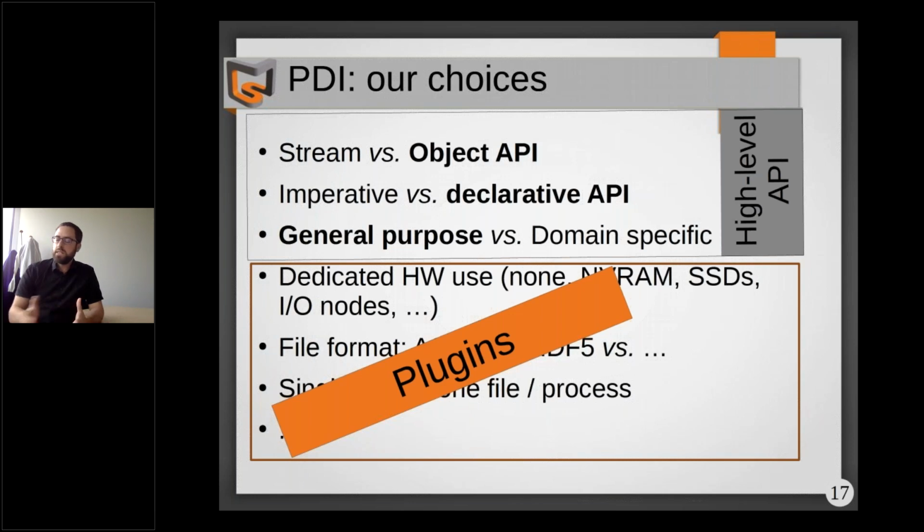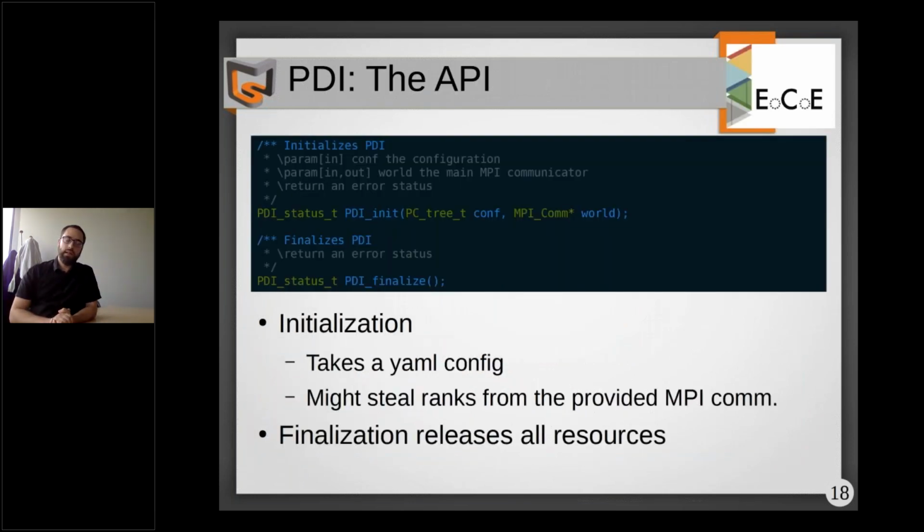So this is what has guided the choices made in the library. And now I will talk a little bit about the library itself. So let's see what the library API looks like.